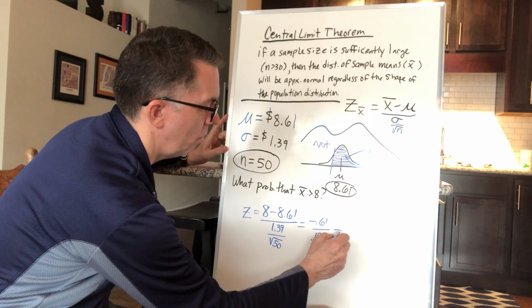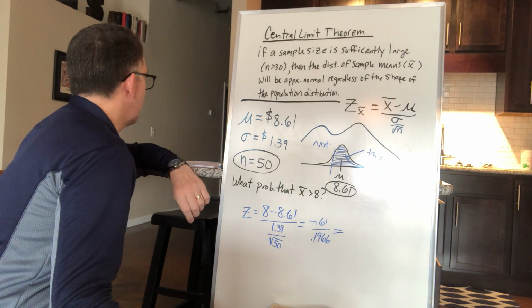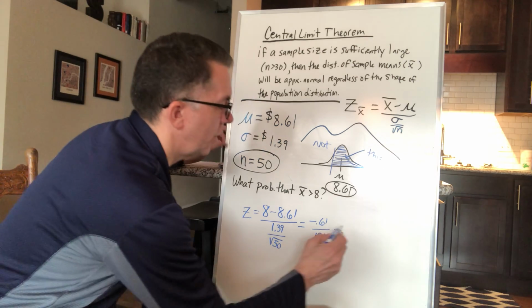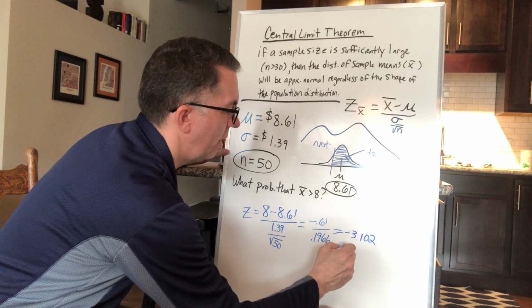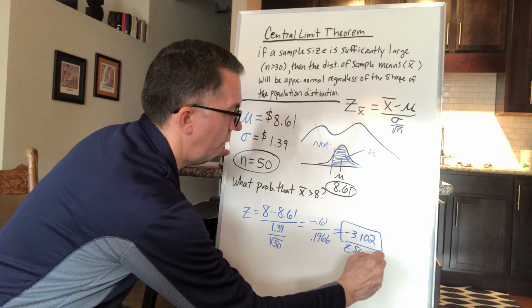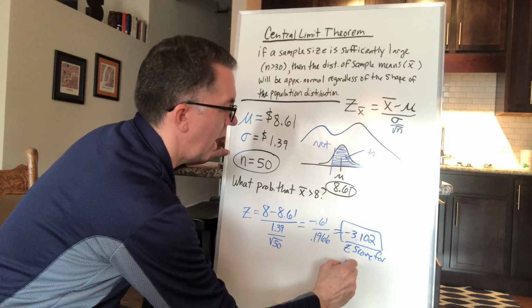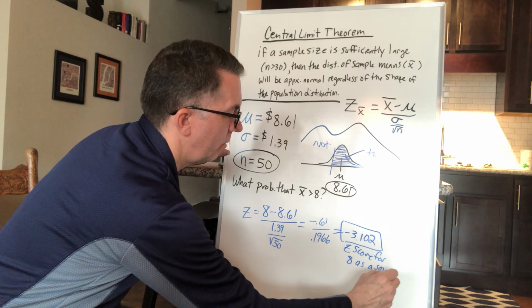If you're playing along at home, try to do that calculation. And when I work that out, I end up getting negative 3.102. That's the z-score for 8 as a sample mean.